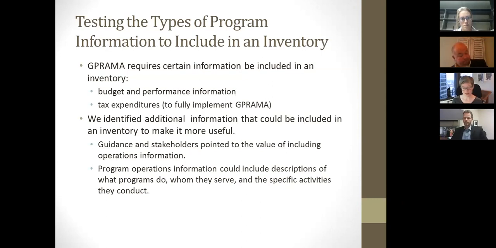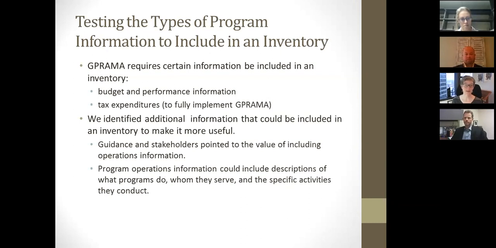And so certainly there are things that have to be there. So budget and performance information is required. We think that tax expenditures are as well. But beyond that, we went out and looked at our own work and work that is done by states and other stakeholders and talked to our requesters on the Hill about what they'd like to see.